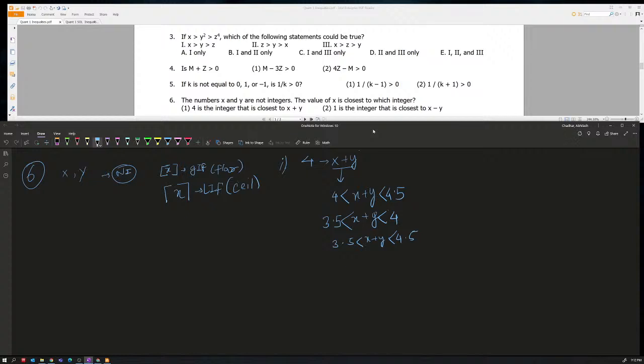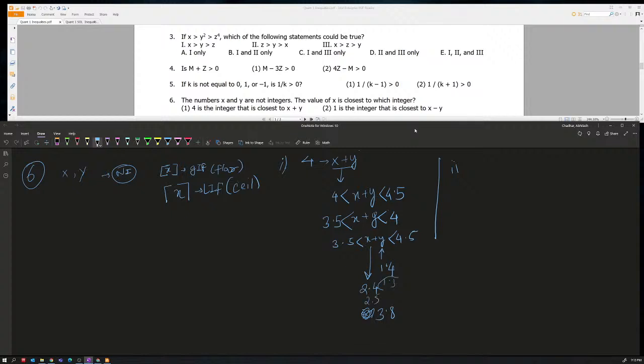Now, the second thing that is given here. Is this enough to tell which integer x is closest to? Of course not, because x could be like 1.4 and y could be 2.4, which makes 3.8, which is in the range, but it could also be 1.3 and 2.5.